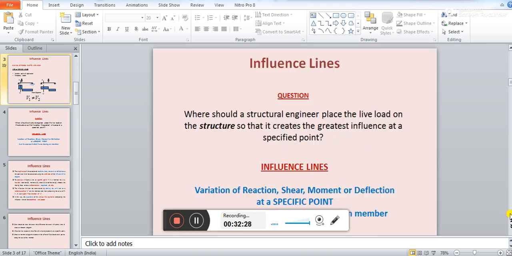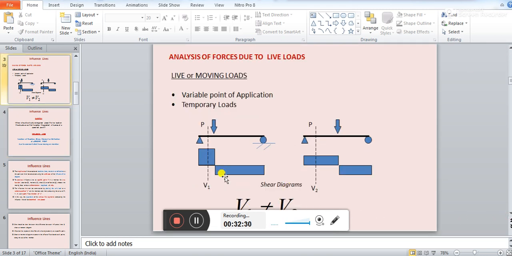You observe that these shear forces V1 and V2 change because of the change in position of the load. When this load is over here, the shear force at this point P is V1.